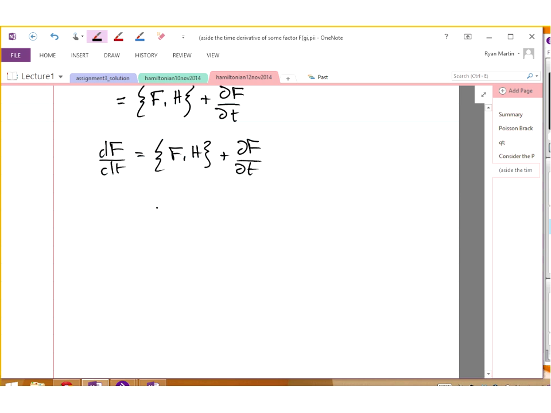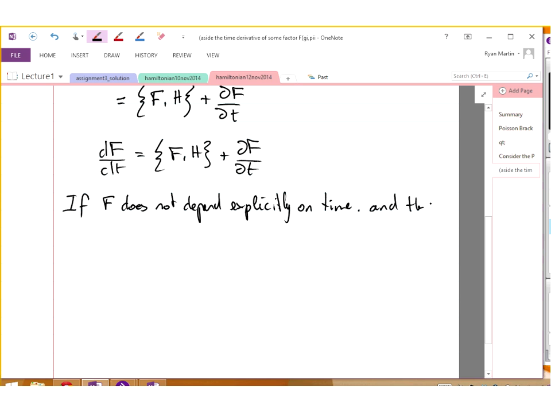So note this. If f does not depend explicitly on time, and the Poisson bracket of f with H equals 0, then f is conserved.